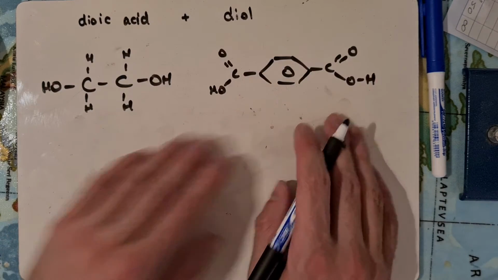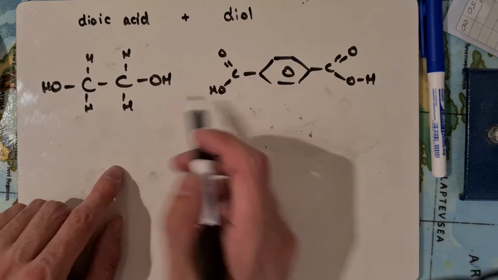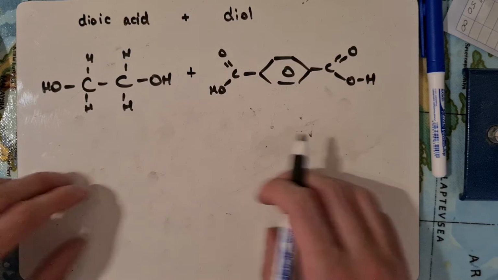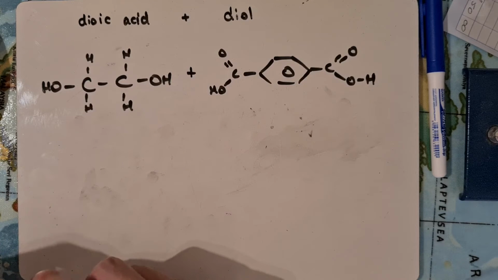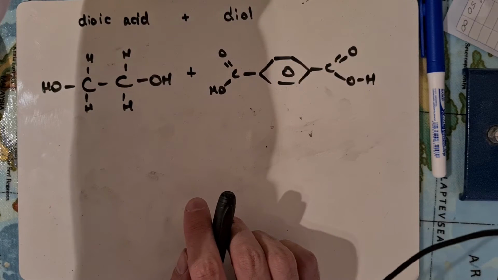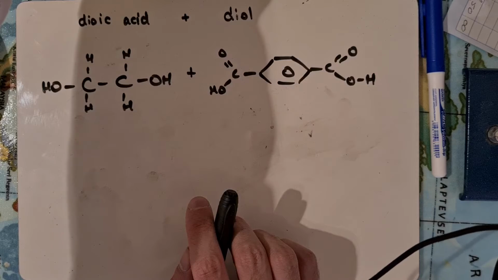So again, we've got a dioic acid and a diol. They will join together to form a polyester, and you can check your answer on the PowerPoint.